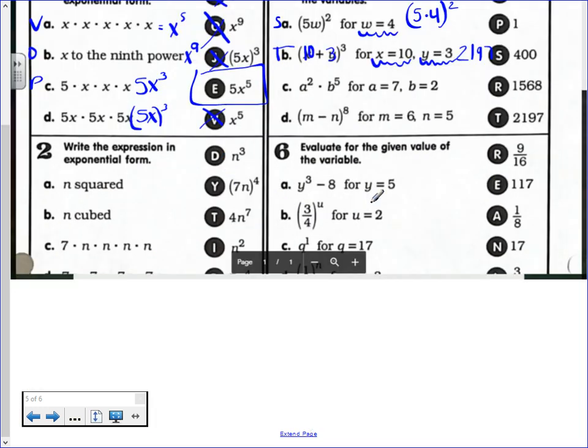So I'm going to go down to number 6 and help you with B. This one's a fraction, but it tells you what U is. So it's telling you to take 3/4 and raise that to the second power. So type in 3/4 and raise that to the second power, which you get 9/16. So all of these can be done in the calculator. So just make sure you're using that. It tells you what number to replace everything with.